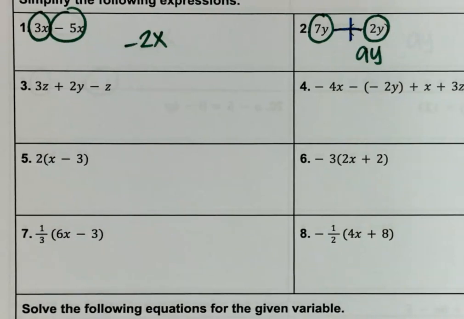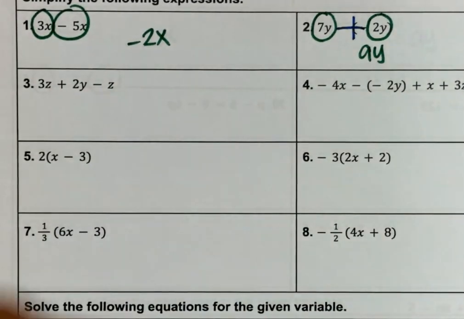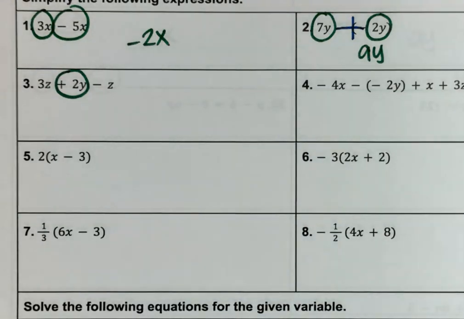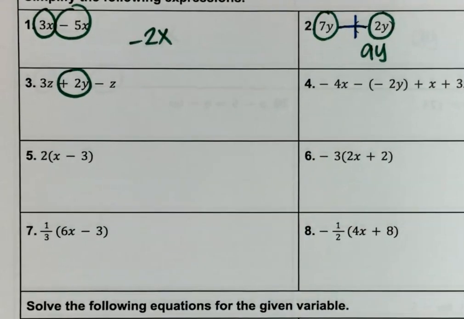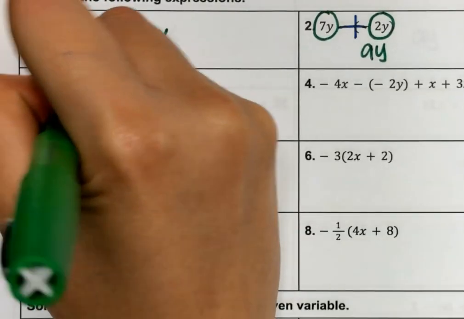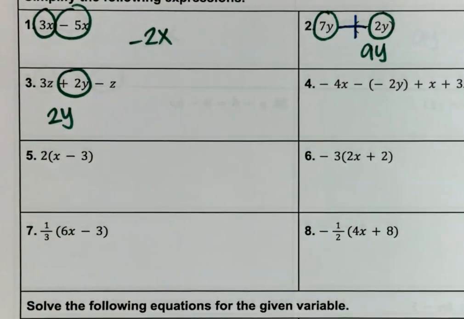On number 3, I see it's a little bit larger, but you still follow the same steps. Generally, you go in alphabetical order. So I know y in the alphabet goes before z, so I will start by looking at that variable. So I circle my positive 2y, and I say, okay, are there any other numbers that have a y? Well, no. I have a 3z and a z by itself. Since the 2y cannot combine with anything, it is going to be brought down, and it will stay on its own.